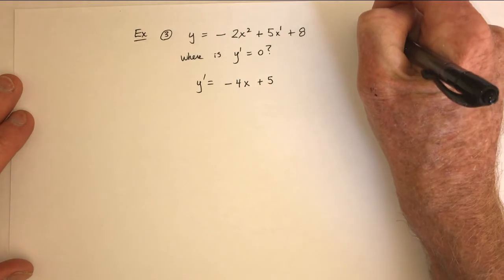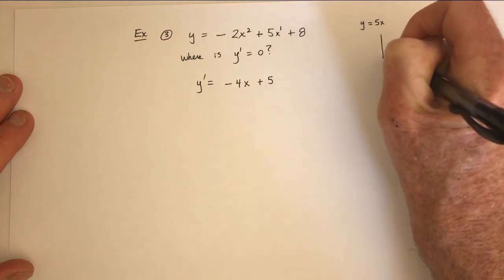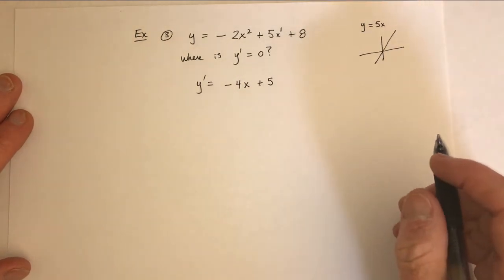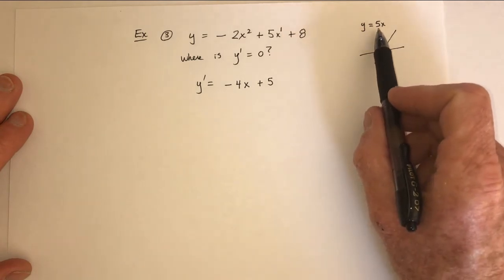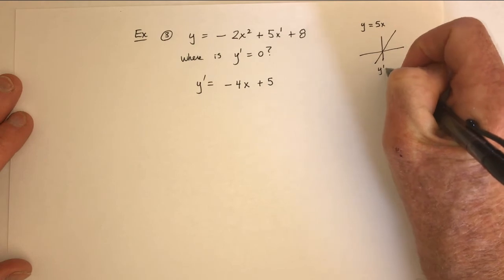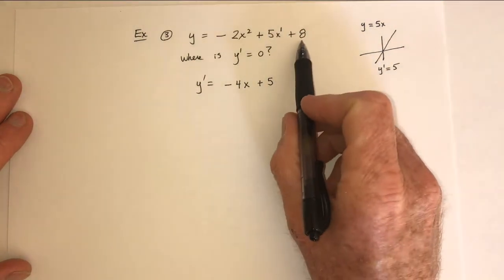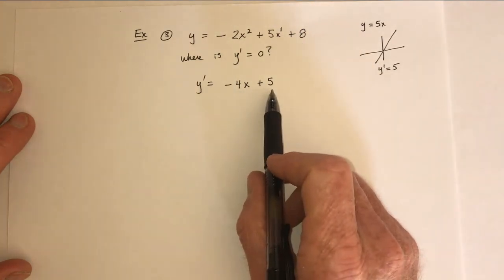Yet another way to look at that is if you just had the function y equals 5x, that would be a line that looks like this. And the derivative will tell you slope. Well, as you may remember from Algebra 1, the number sitting in front is the slope. That means the derivative equals 5. And for a constant, the derivative is 0. So that means we're already done.